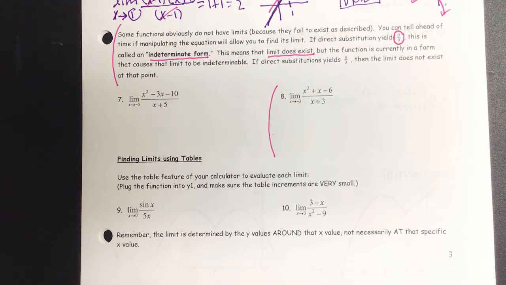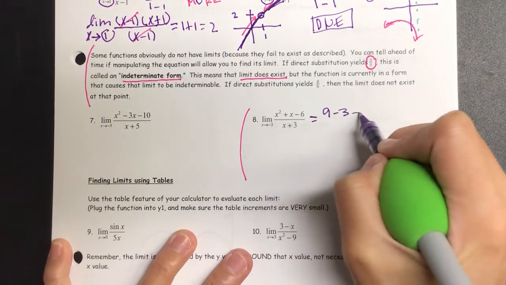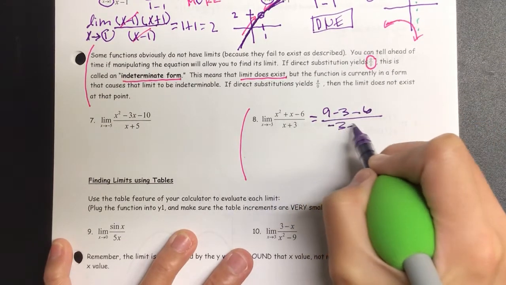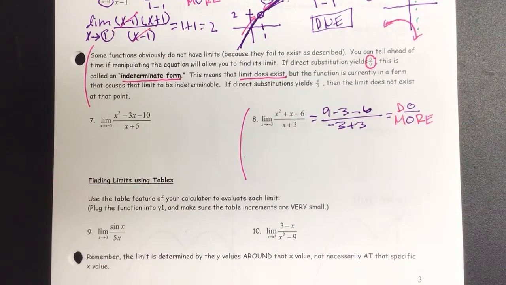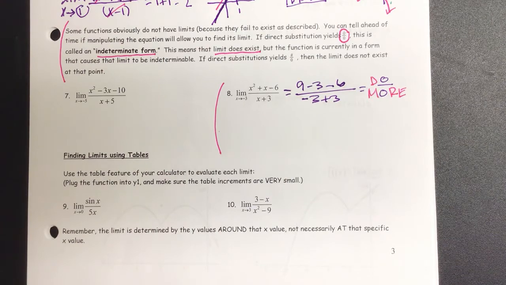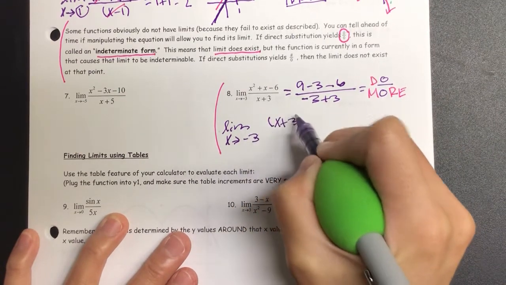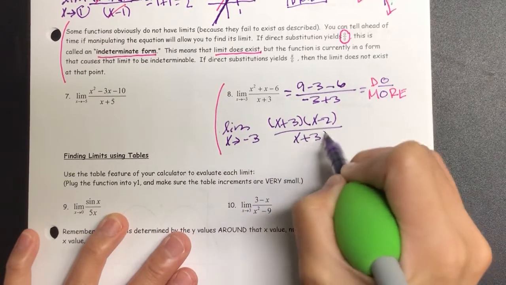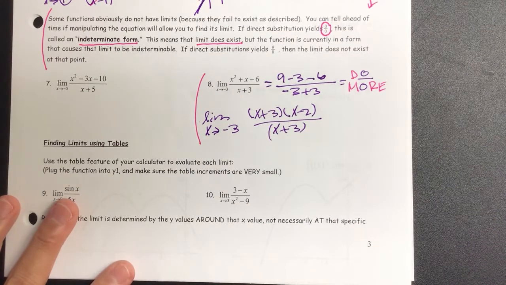Done? So are we doing more? Yes. What eliminated once you did more? x plus 3.